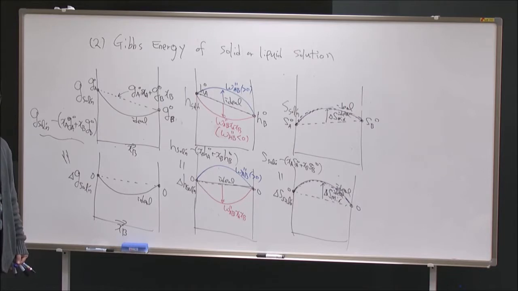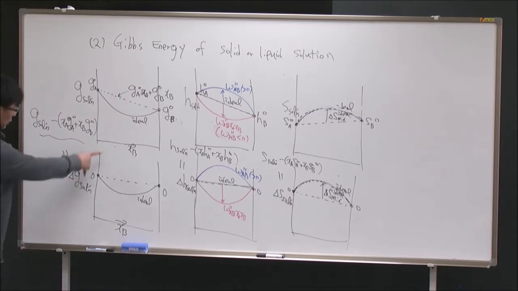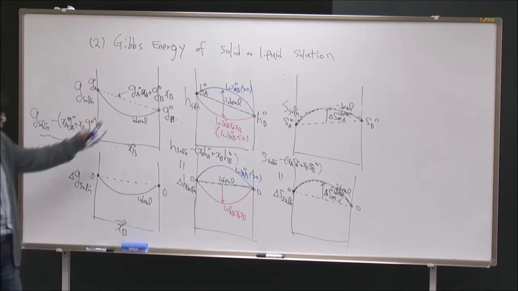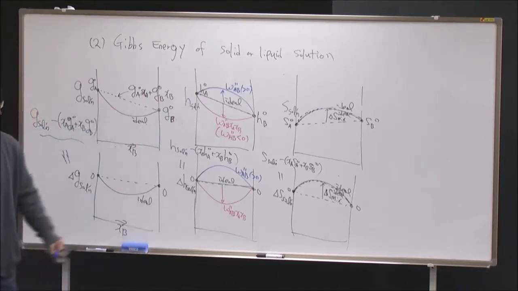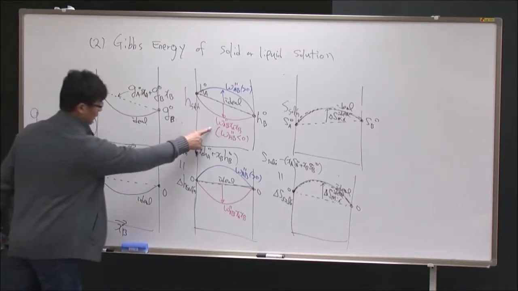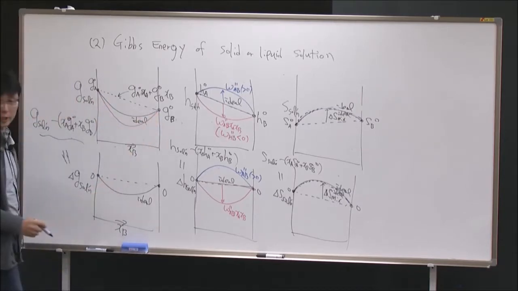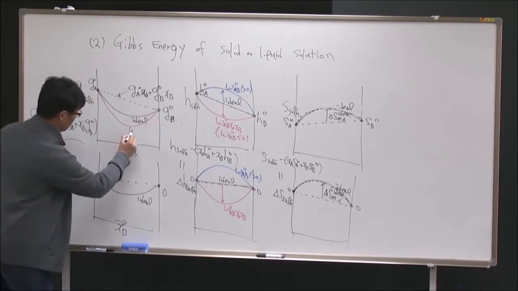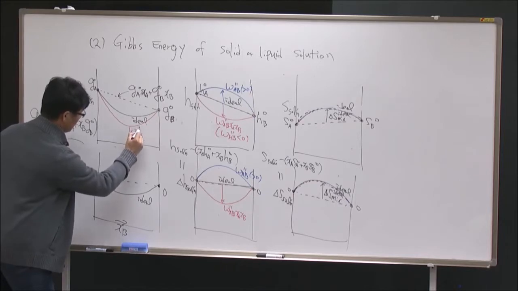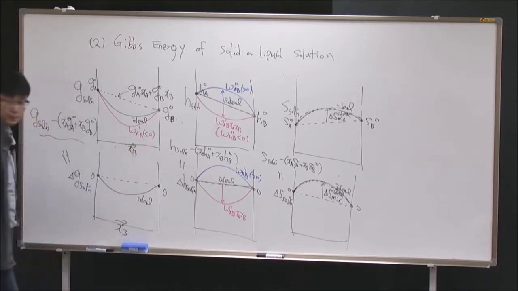Is it okay? And now, if you look at the Gibbs energy. Gibbs energy is a combination of enthalpy and the entropy term. So here, when omega is negative, definitely this will be more negative.